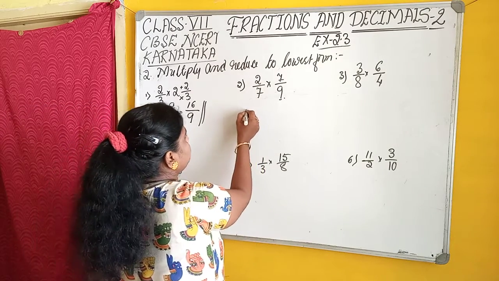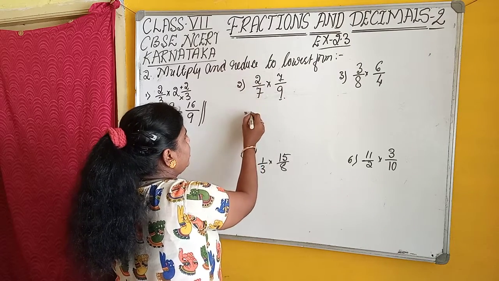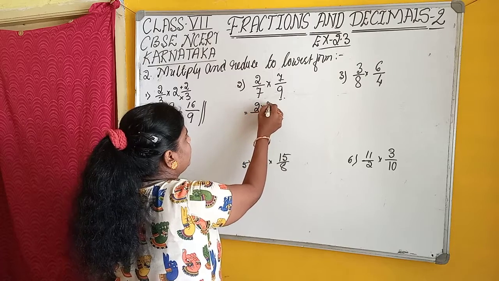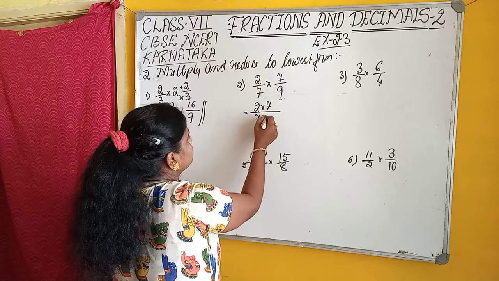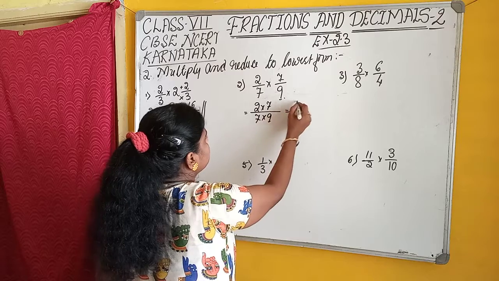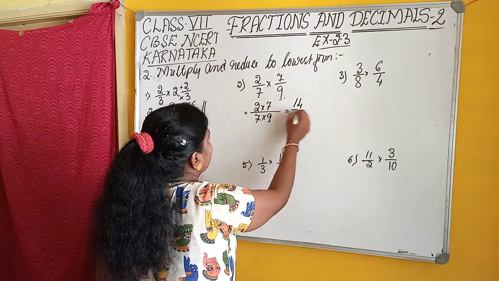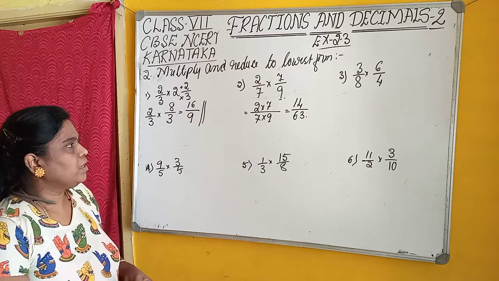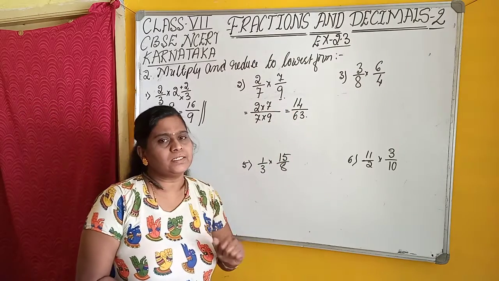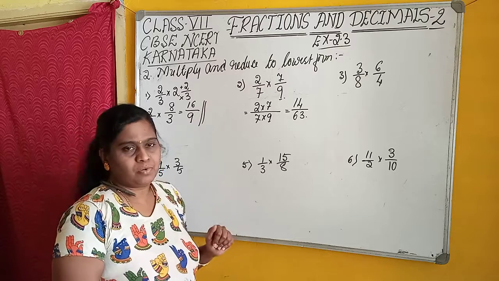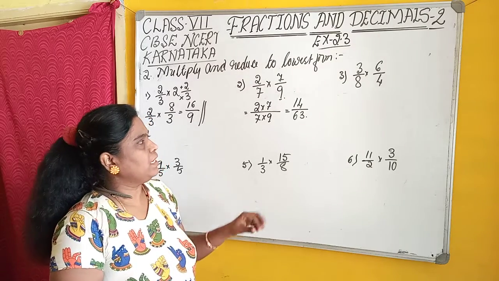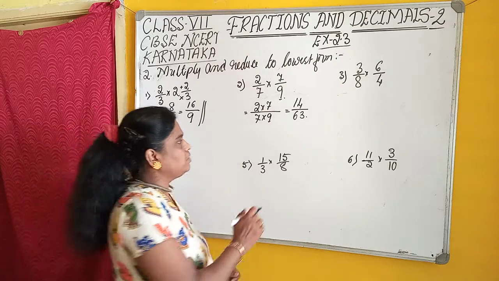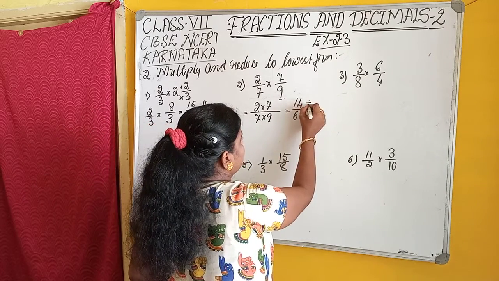That is equals to, first multiply the numerators 2 into 7. For your convenience, I am writing this. And here like this, that is equals to 14 by 63. Okay students, here 14 by 63 is what we got. Is it possible to reduce? Yes, both are having the common factor. Which is that? That one is 7.